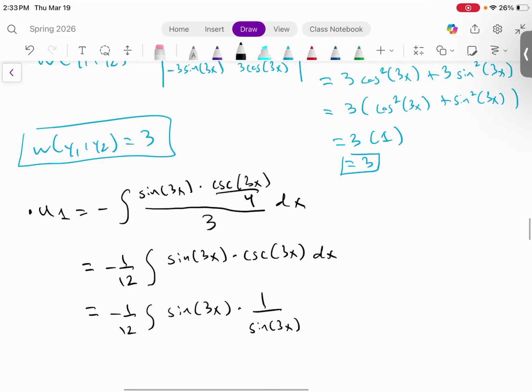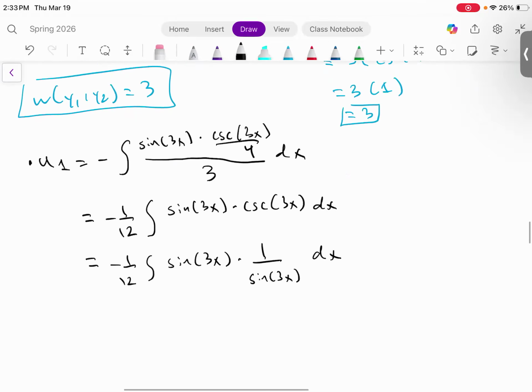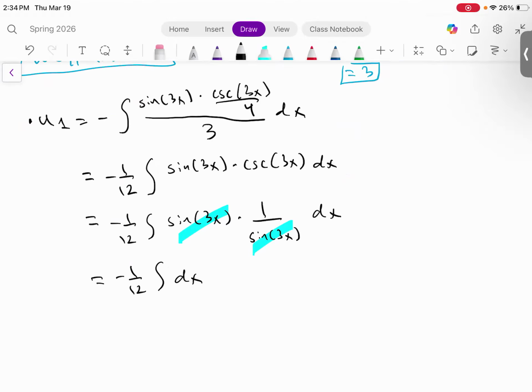So this is actually 1 over sine 3x dx. And so the sines cancel out, and we just have an integral of dx. The integral of dx is the same as if you just have a 1 right in front. The integral of that is just going to be x. So this is just negative 1/12 x. And so u1 equals negative 1/12 x.